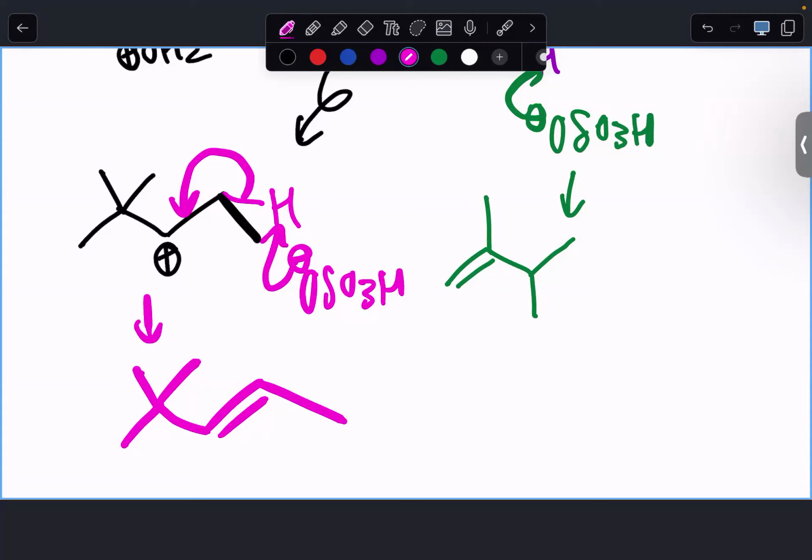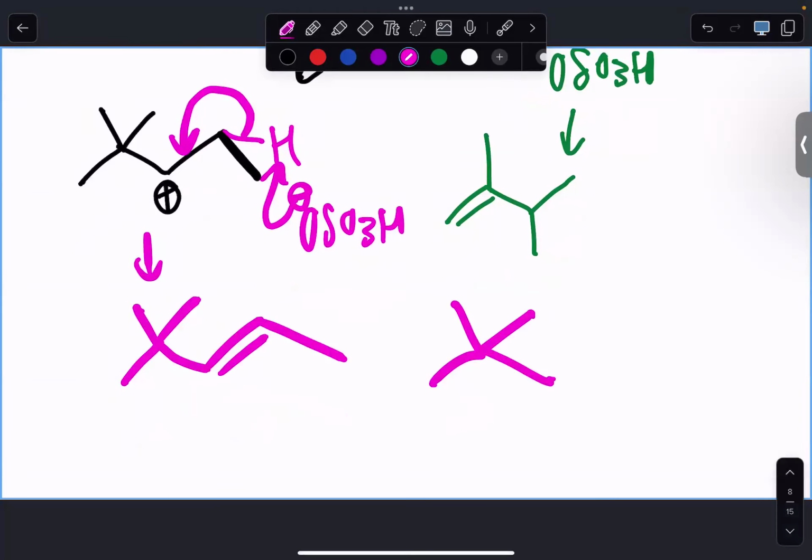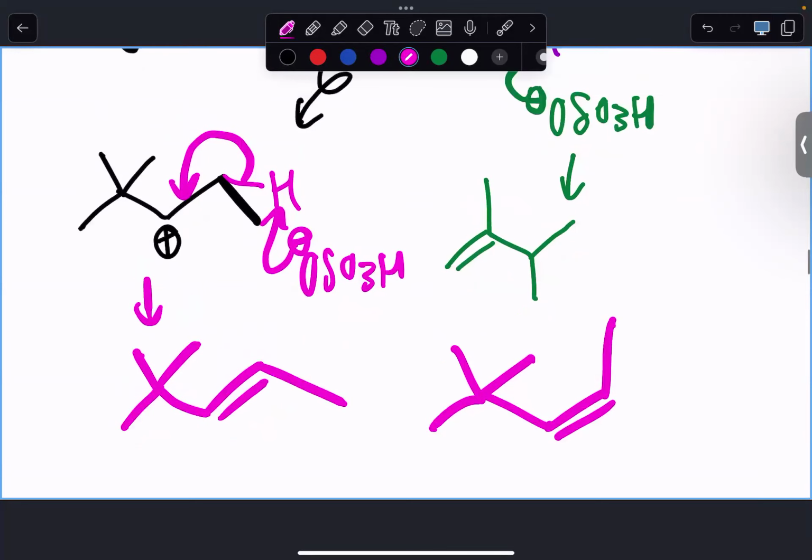What kind of alkene is this here? Disubstituted, right? And there's 3 different types: geminal, cis, and trans. This is a trans, right? Meaning that the other minor product is a cis, like that. This is because we know that this is a single bond that could rotate.